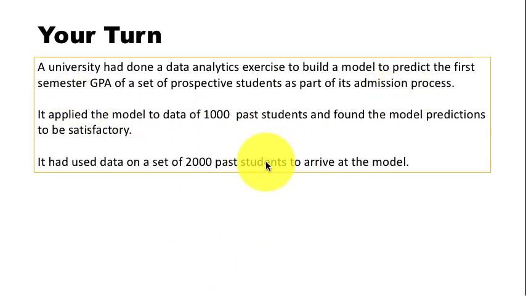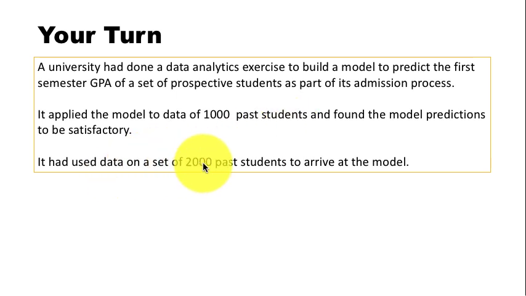Okay, so here's just something to test your understanding. We are saying here, the university had done a data analytics exercise to build a model to predict the first semester GPA of a set of prospective students. It applied the model to data of 1,000 past students and found the model predictions to be satisfactory.